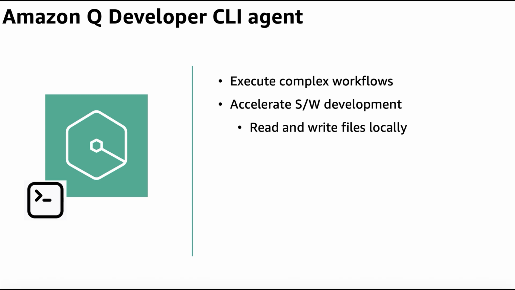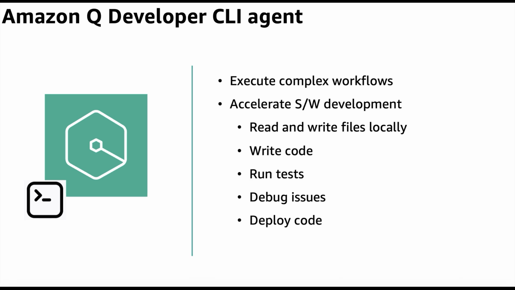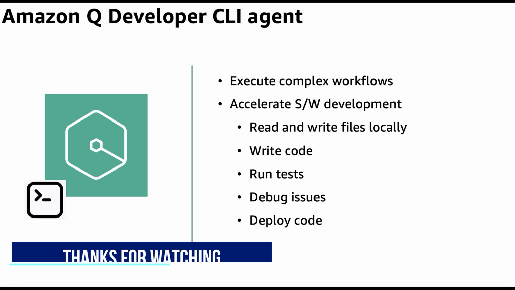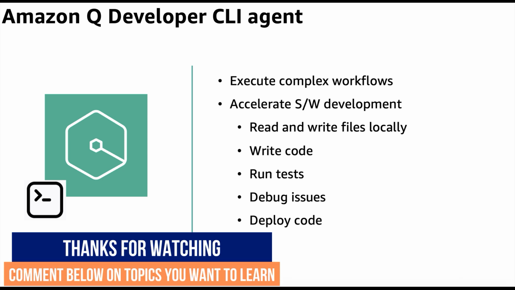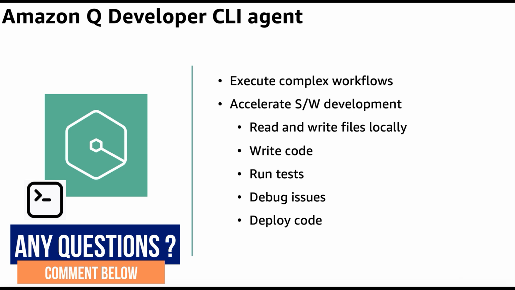Read and write files locally. Write code. Run tests. Debug issues. Deploy code. You can now ask Q Developer to write code, test it, and help debug issues, and Q Developer will iteratively make adjustments based on your feedback and approval.